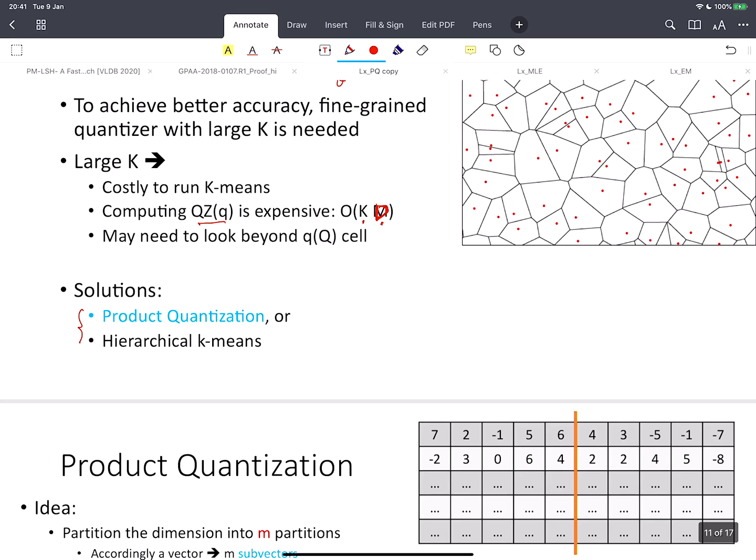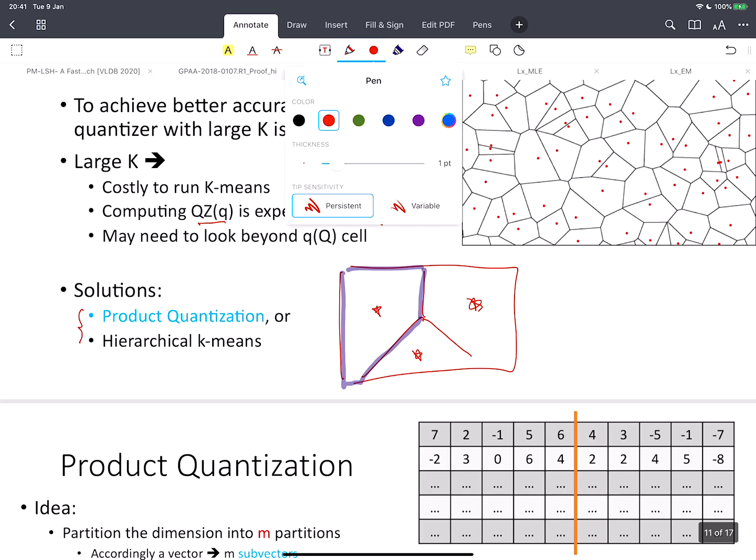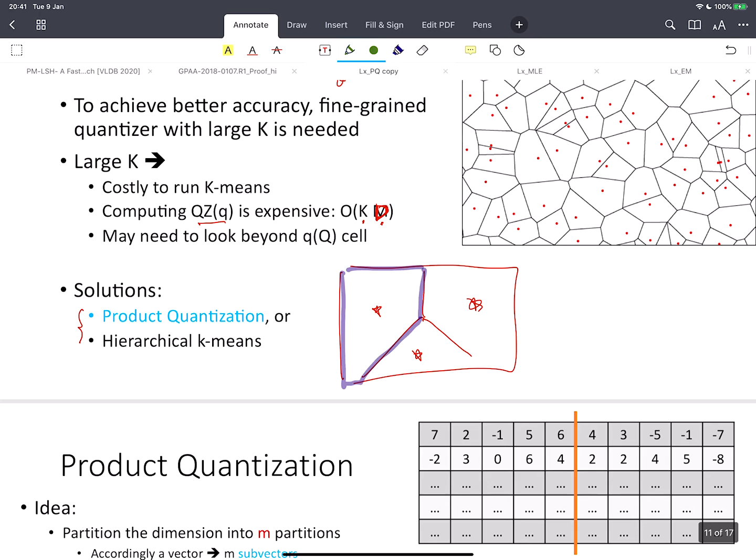The other is based on so-called hierarchical k-means. The general idea is that whenever you have a data set, let's say you partition it into three clusters, and within each cluster you do another level of k-means.